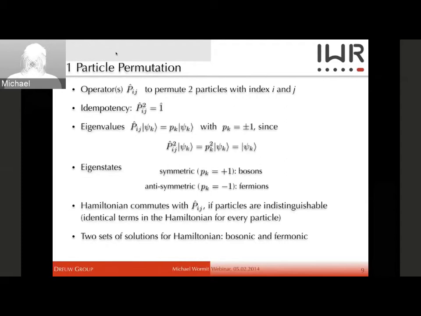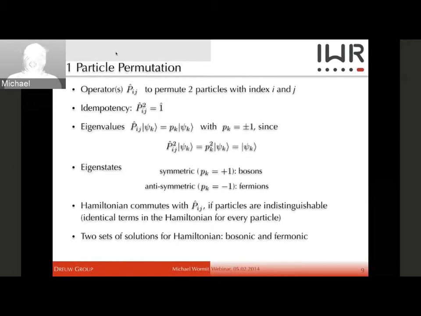Particle permutation is concerned with a permutation operator, Pij, which permutes two particles with indices i and j. If you apply this operator twice to a wave function with many particles, you should get the same wave function out. So permuting i and j twice gives you more or less the identity operator.